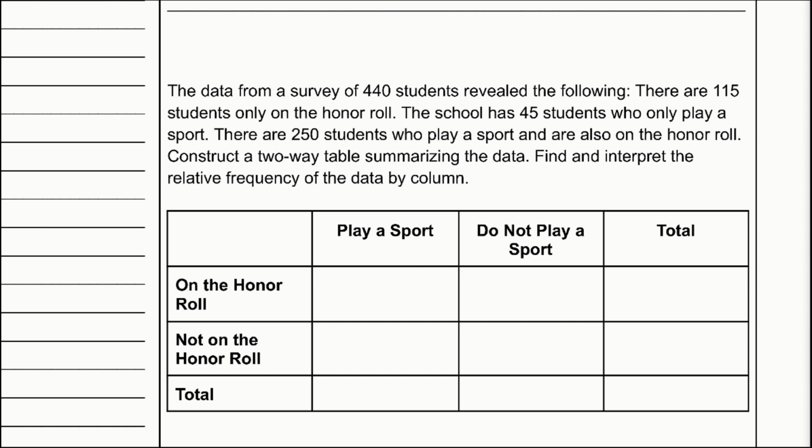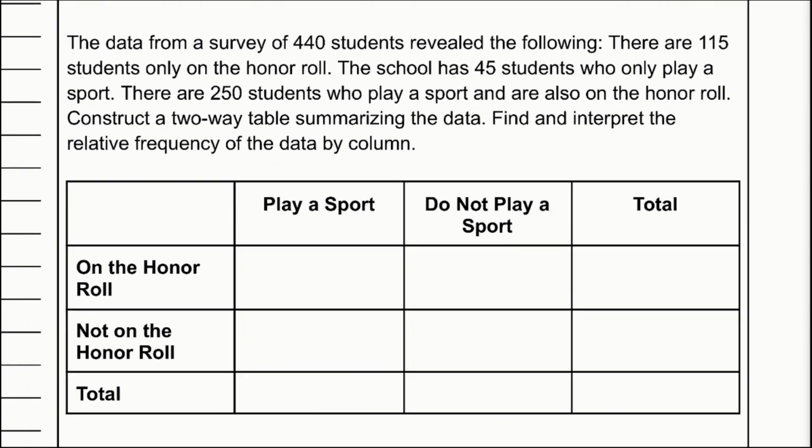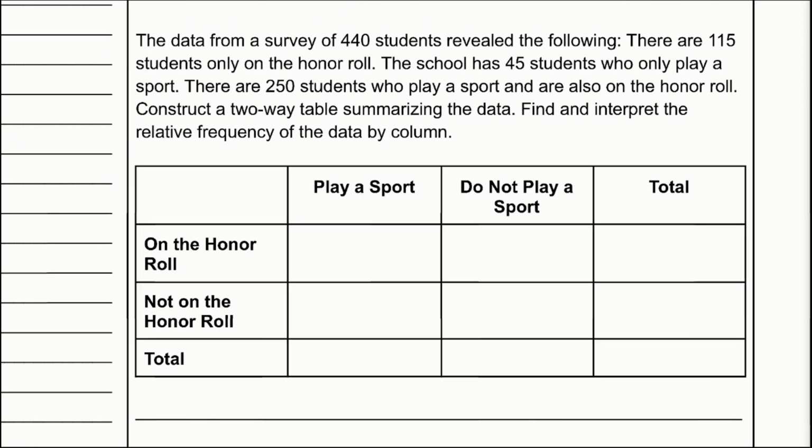Okay, welcome back. Awesome. So the data from a survey of 440 students, so that sounds like a total to me, revealed the following. There are 115 students only on the honor roll. So that would mean that they don't play a sport, I would assume. 115.